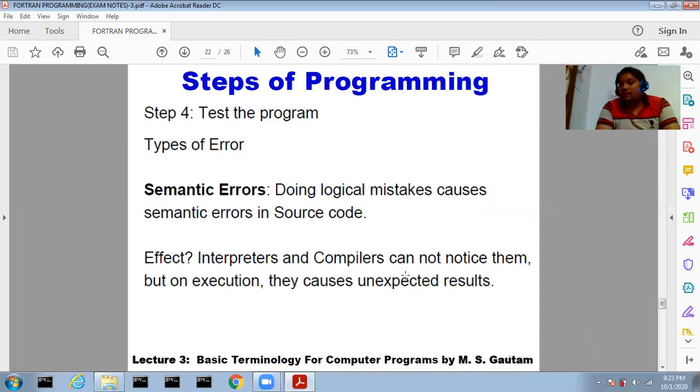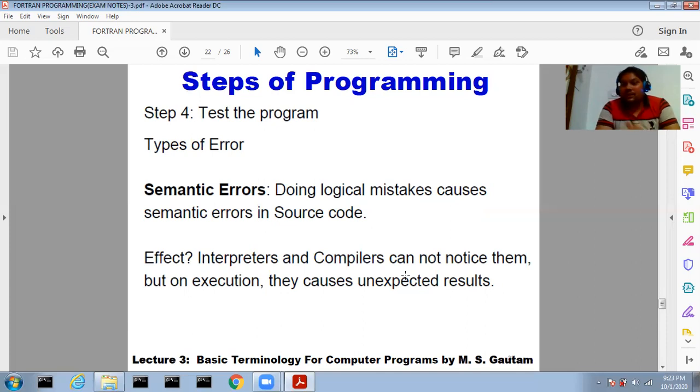So a compiler or interpreter cannot notice this kind of error. These errors can be minimized if we accurately define the logic in the program.